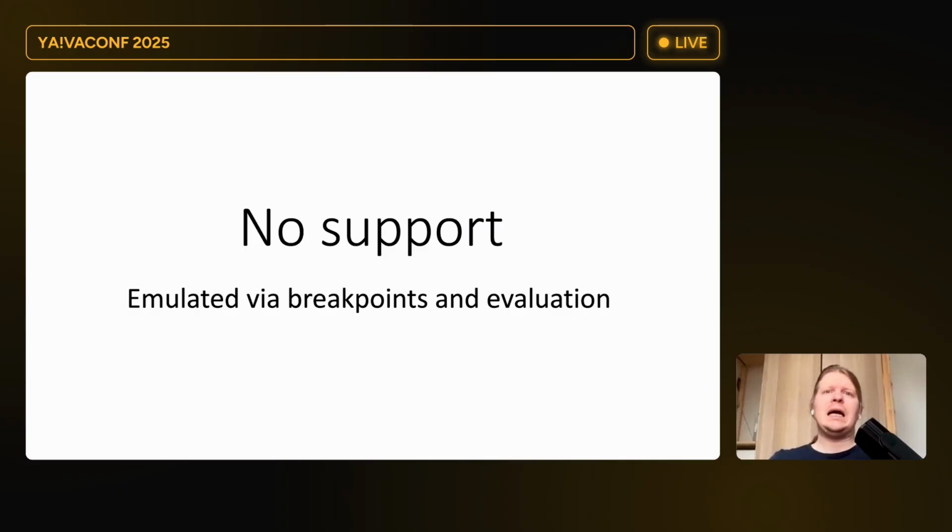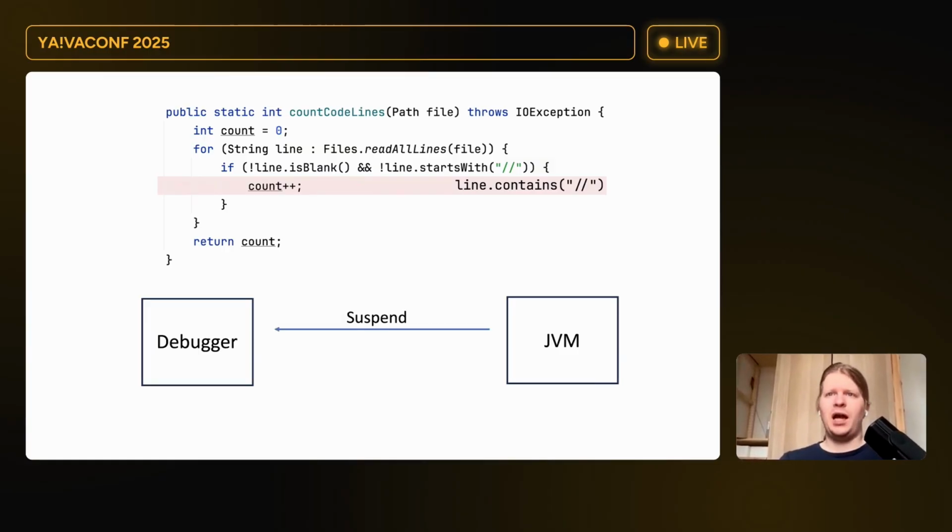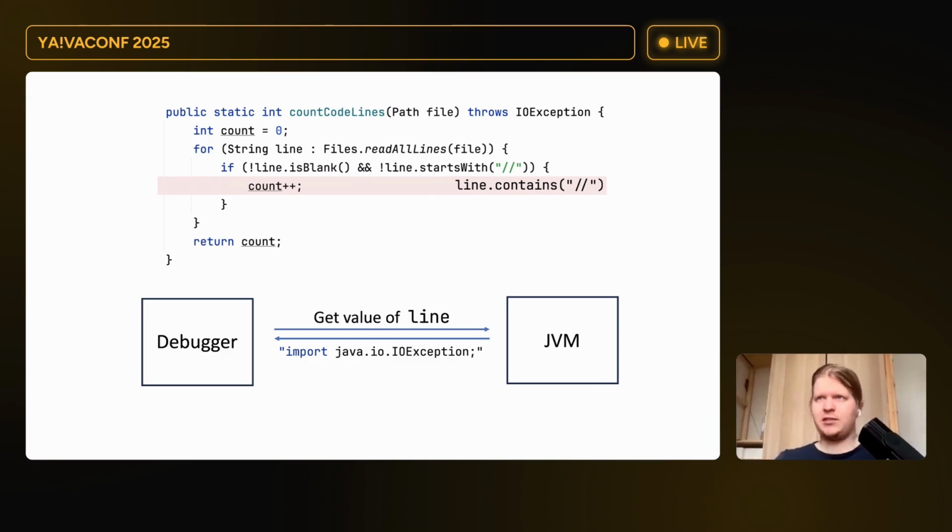We can try them. How it works is they are emulated by breakpoints and evaluation. So let's just check. In the beginning, we have all the handshake stuff. I don't show it to you here again because it's just boring, but we then set a breakpoint at the line, and then the JVM is like, oh, I hit the breakpoint. And then the debugger is like, hey, please give me the value of line, because essentially every debugger has a tiny Java interpreter built in.